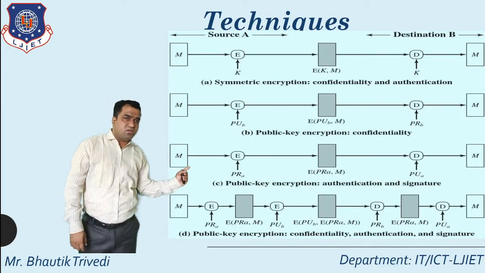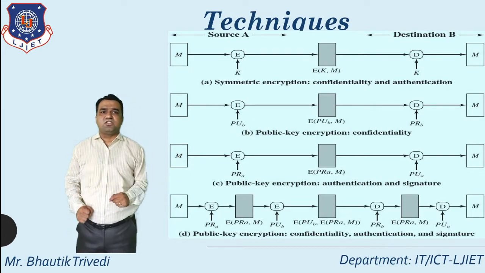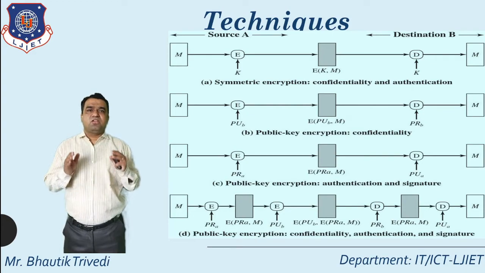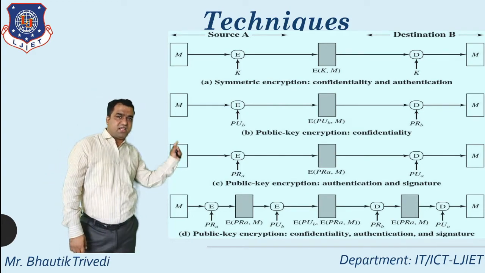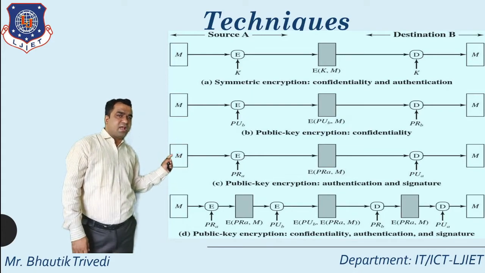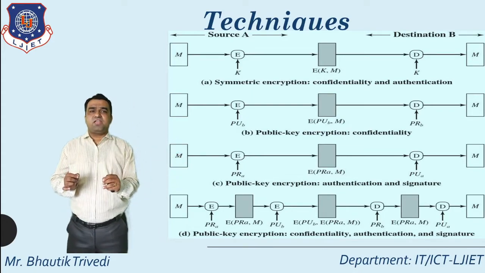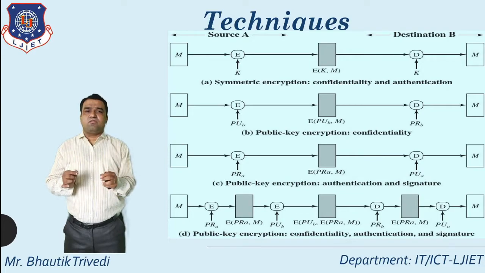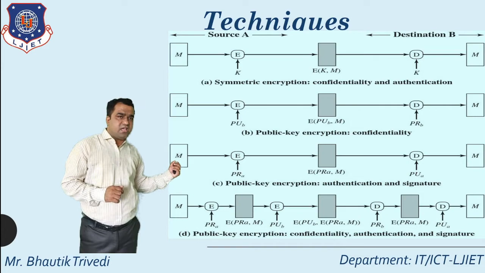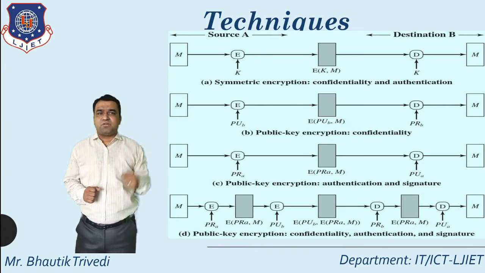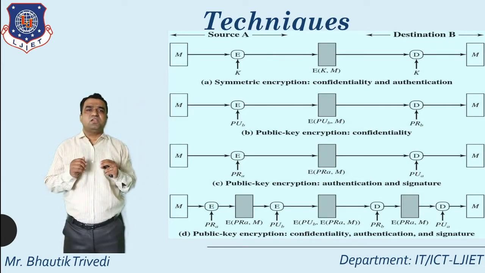After that authentication and signature. At that time using the private key of the sender. So message is there, encryption algorithm is there, private key is there, but private key of which one? The sender's private key. So that is the PRA, and on the receiving side, means the decryption side, using the public key of the sender.